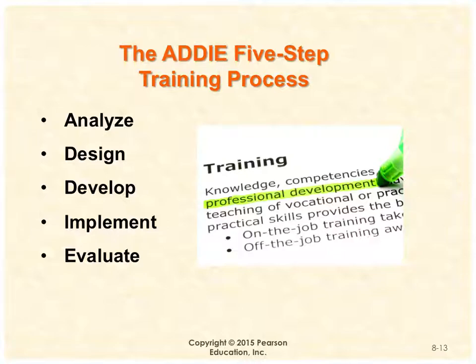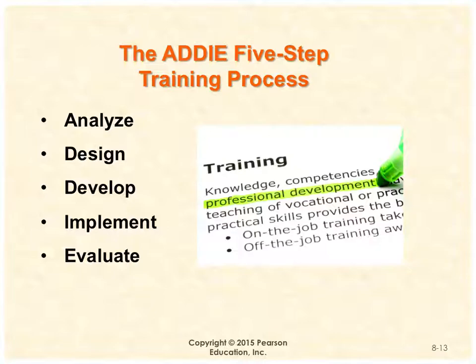The next thing we're going to look at is designing the training program. We put together that, okay, we know they need A, B, and C to do their job better. Now we design how we are going to train A, how we are going to train B, and how we are going to train C, so that we put together an outline of what this system is going to look like.